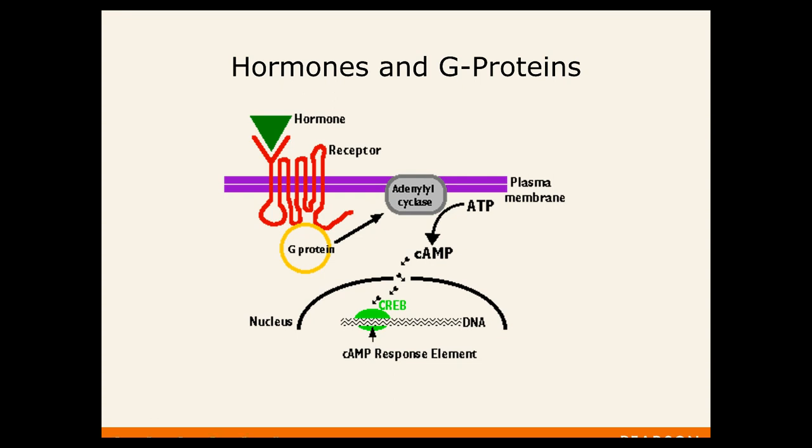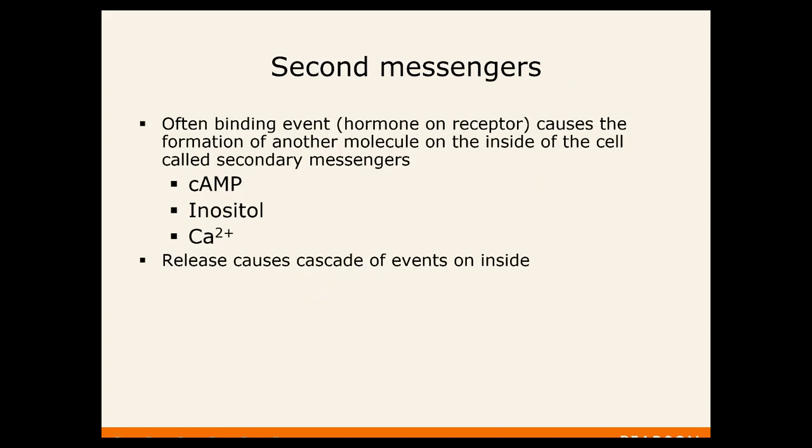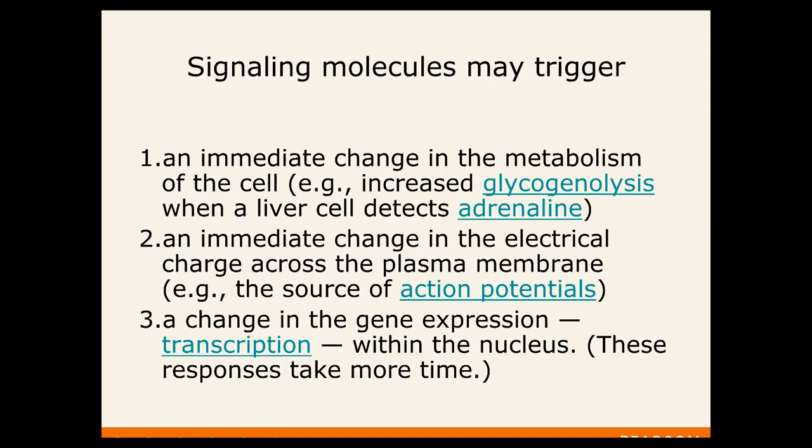So if I go back, signaling molecules can trigger a change in metabolism. It could cause an increase in what's called glycogenolysis, which was the release of glucose that I just described from glycogen.